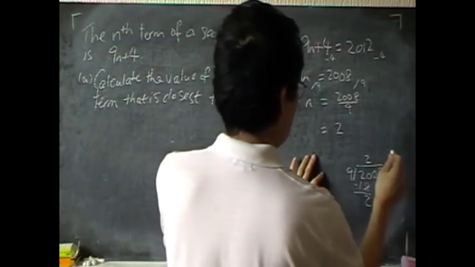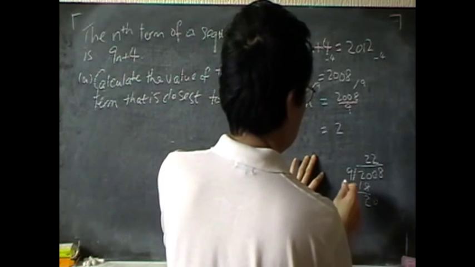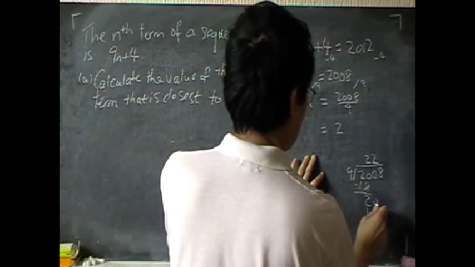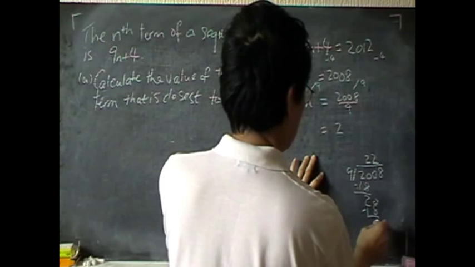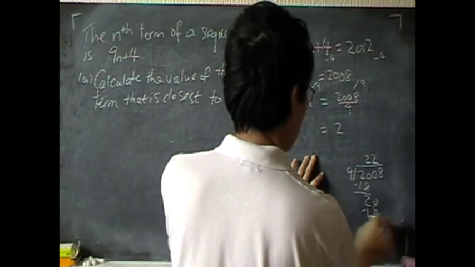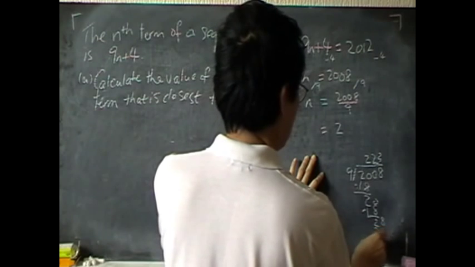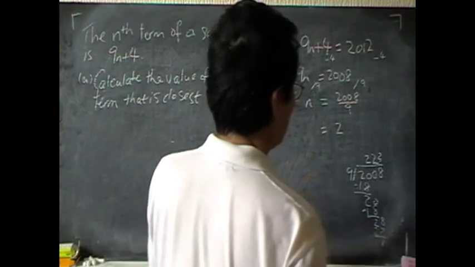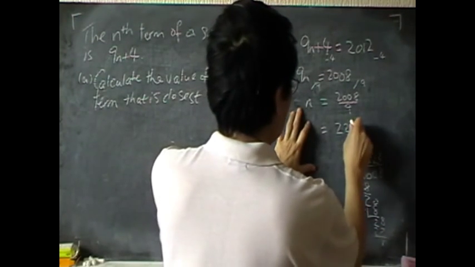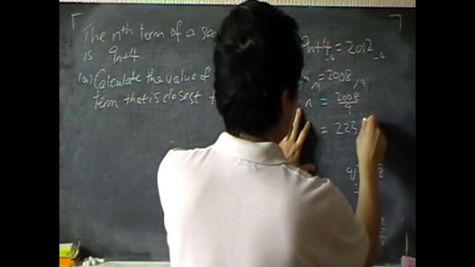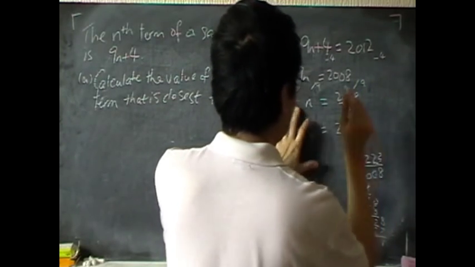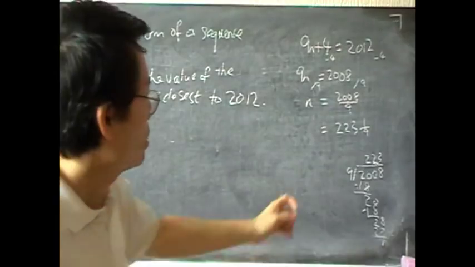Carry down the 0, that's another 2. 2 times 9 gives another 18. Subtract gives a 2 and another 8 there. And 3 times 9 is 27. Remainder is 1. So this gives me 223 and 1 over 9. So that's what I get.